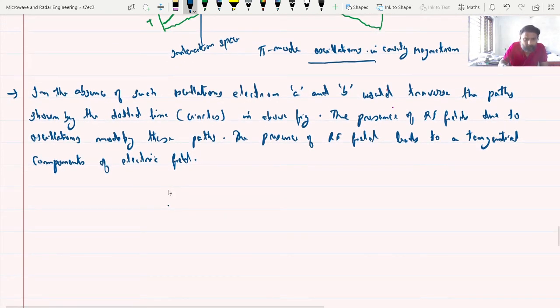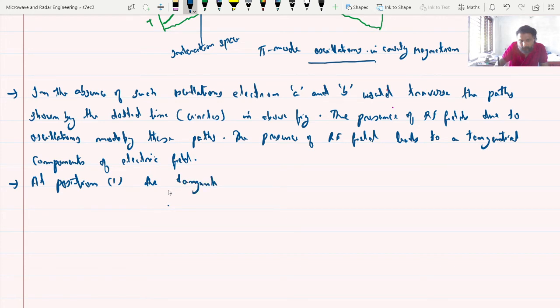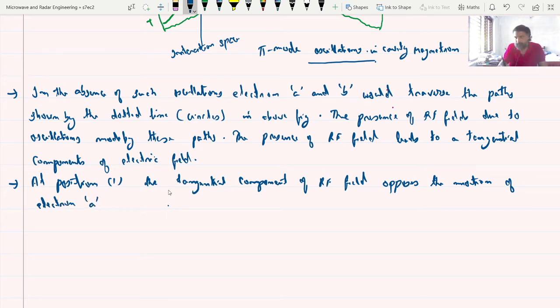Write that point: at position 1, the tangential component of RF field opposes the motion of electron A and it is retarded.